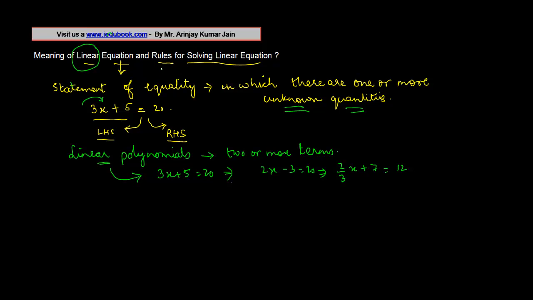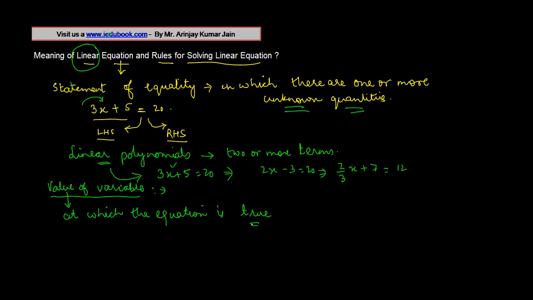Now whenever you have to find out the value of this unknown variable, you basically need to solve this equation. Okay, and the value at which the equation is true.